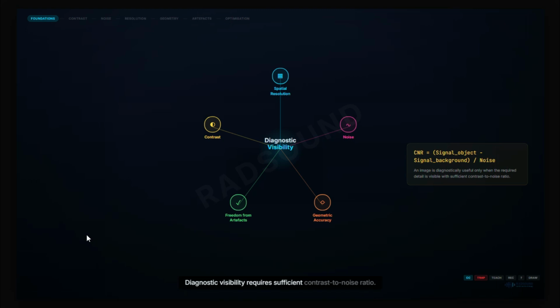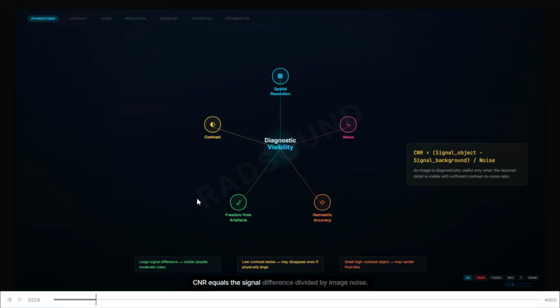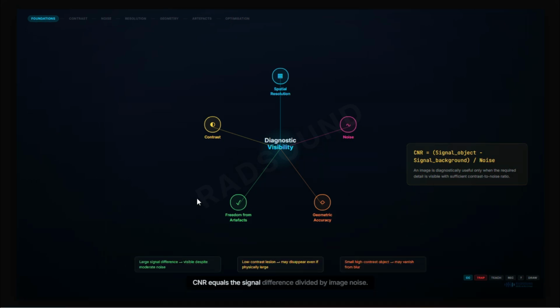It is the signal difference between object and background divided by the total image noise. So if the contrast is better, then the image would have diagnostic visibility. Otherwise, the image will be foggy, will be veiled, and we cannot make a proper diagnosis from that image. So if we get a large signal difference, we'll make the image better or visible.